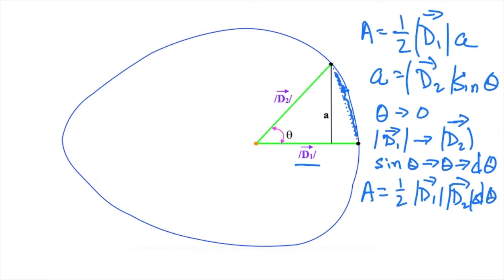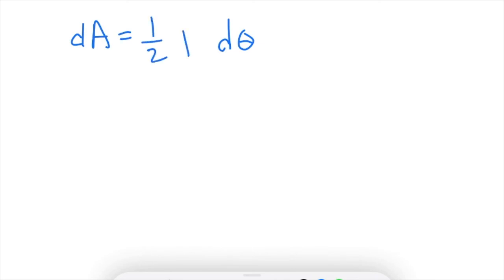But since d1 and d2 become equivalent, we can simply write it as, and I'm going to leave out the vector notation here, 1/2 d squared dθ. Or, even better, we can say that for a tiny change in theta, the tiny change in area equals 1/2 d squared dθ, or dA/dθ equals 1/2 d squared.